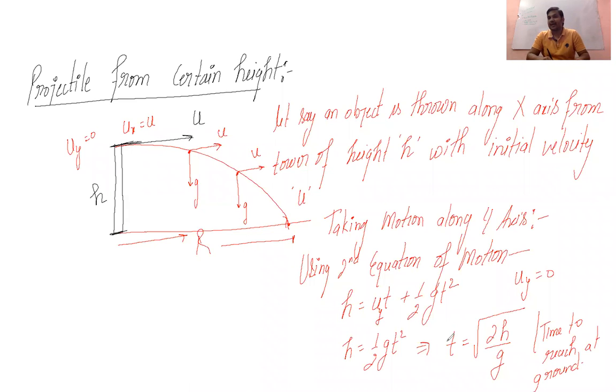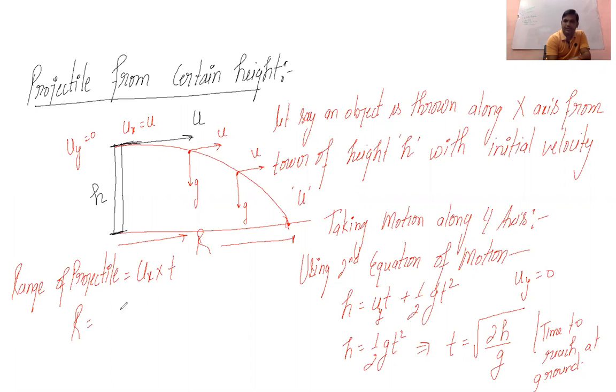So how can we calculate the range? Range of projectile is the velocity along the x-axis, that is ux, into the time taken by the projectile motion. So this will be u, and the time is under root 2h upon g.